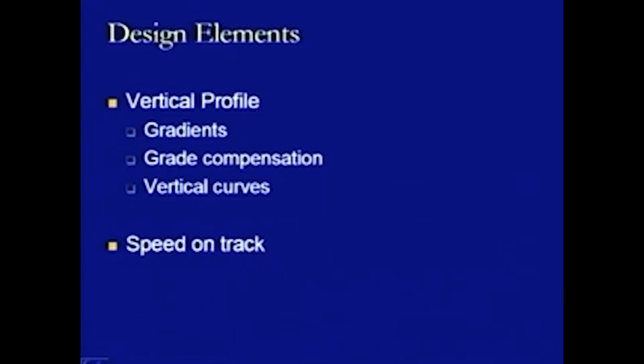Another important aspect, as we have discussed just before, is the speed of the track. There are a number of design elements within these vertical and horizontal profiles, that is, when we have to design the vertical curve or the horizontal curve or the super elevation or the transition curve.